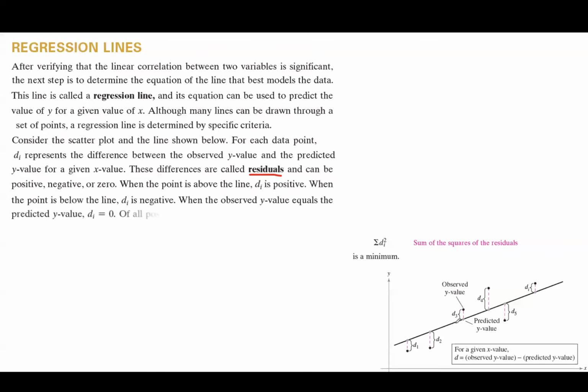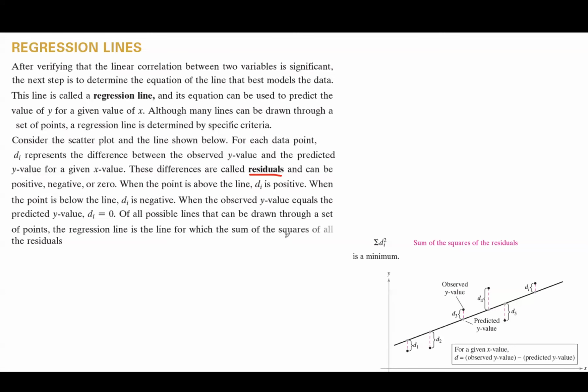And if the observed y value is exactly on the line, it means that it's the same as the predicted y value, then the residual is equal to 0. Of all possible lines that can be drawn through a set of points, the regression line is the line for which the sum of the squares of all the residuals is minimum. So your regression line must fit this criteria.